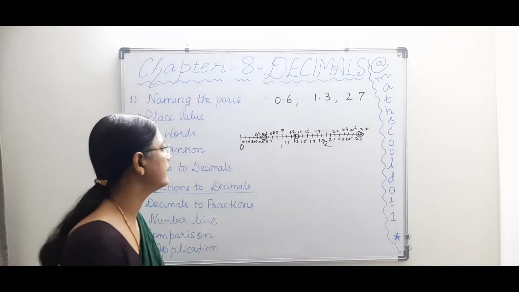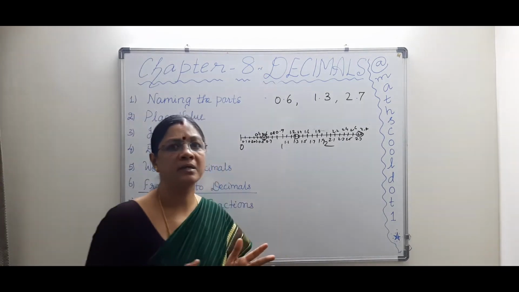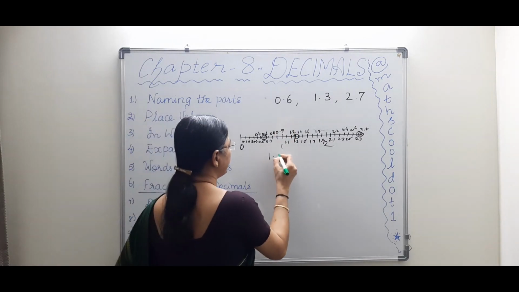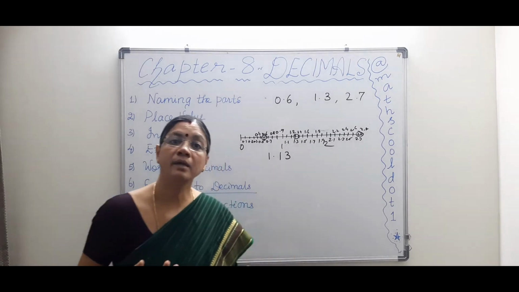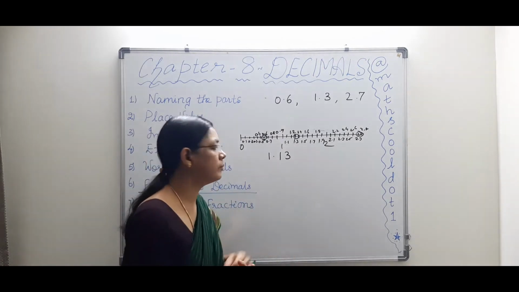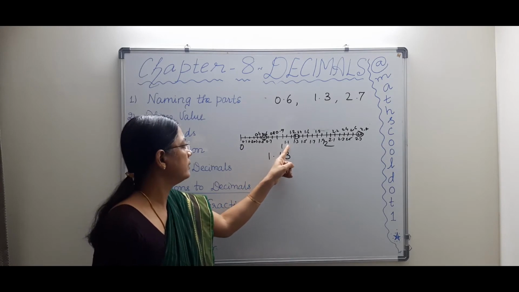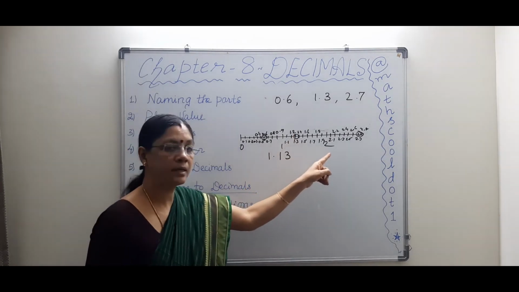So we see that as many decimal numbers as possible can be marked. For example, if you have 1.13, how do I mark this on the number line? I have marked 1.1 here, and 1.2, 1.3 and so on.